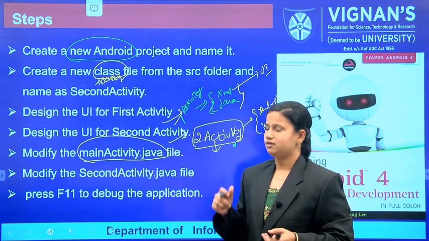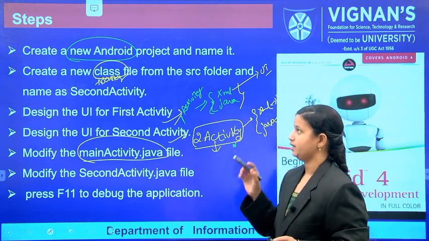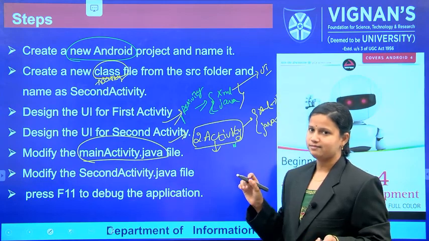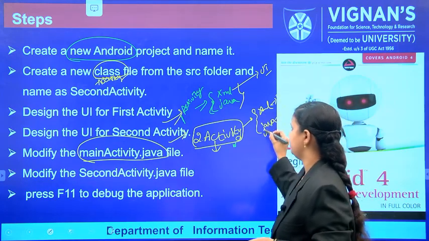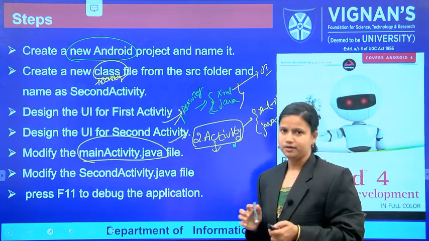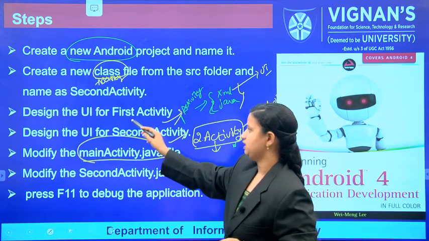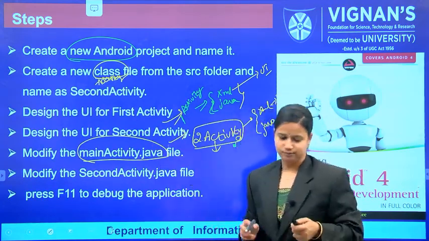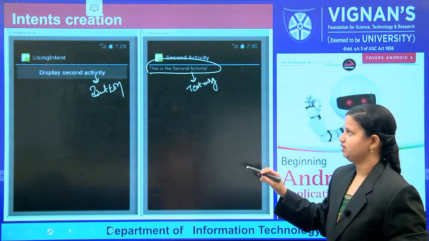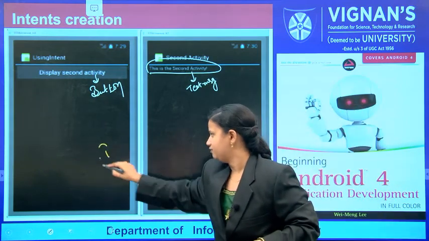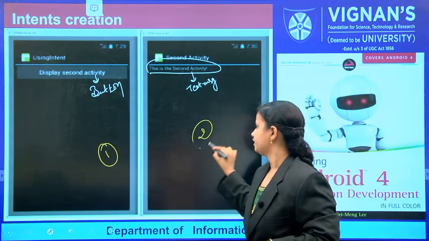In the second step, you are creating a new class file, so that it opens the XML and Java files. First of all, design the first activity. As we are seeing, this is activity 1 and this is activity 2.